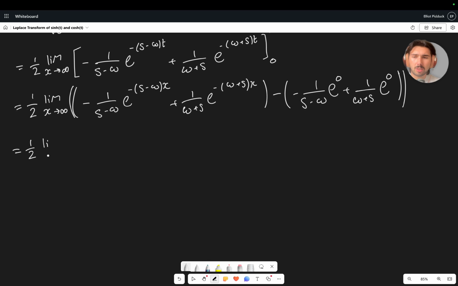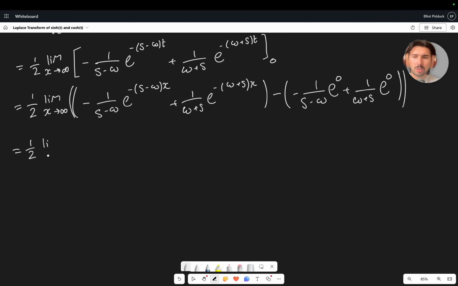And you can probably also see that s times omega, that's just s omega, but then we're doing minus s times omega. So they cancel out. So the entire denominator is just s squared minus omega squared. And then the 1/2 and the 2 cancel. So the final result here is that the Laplace transform of sinh of omega t is going to be equal to omega over s squared minus omega squared.